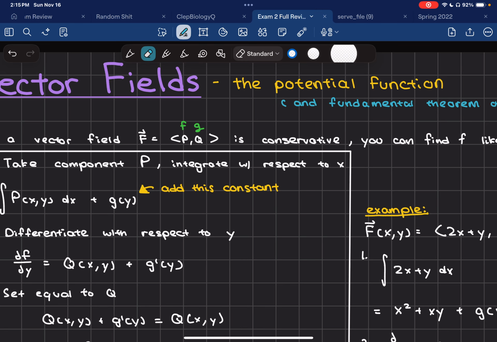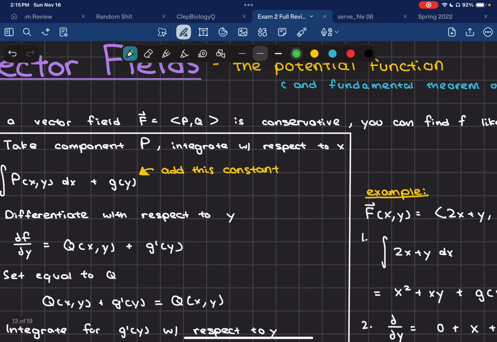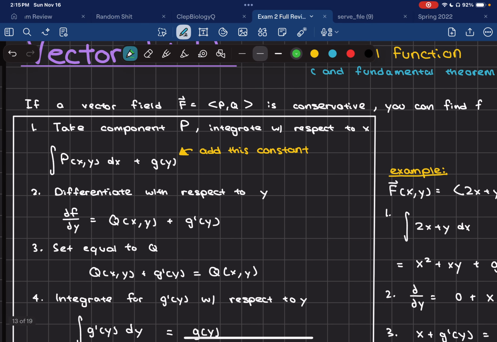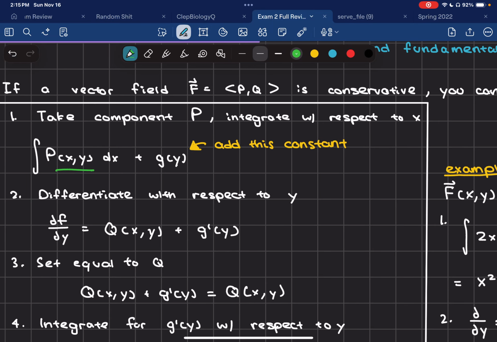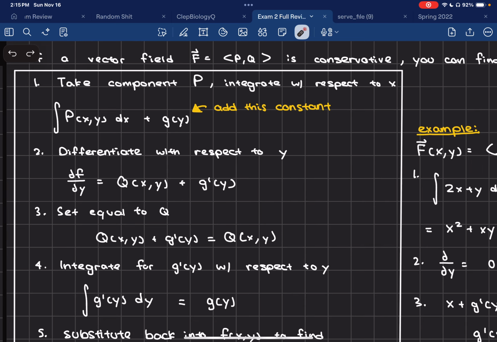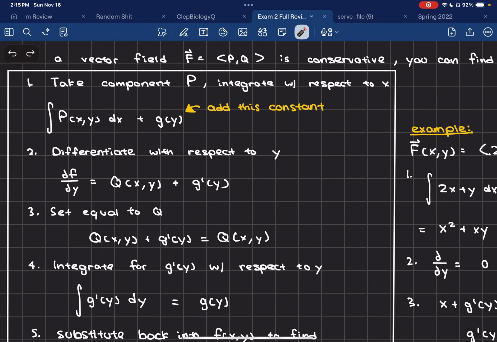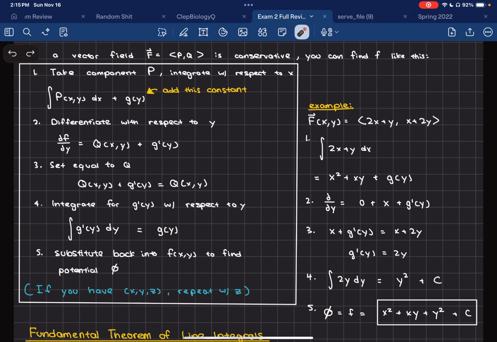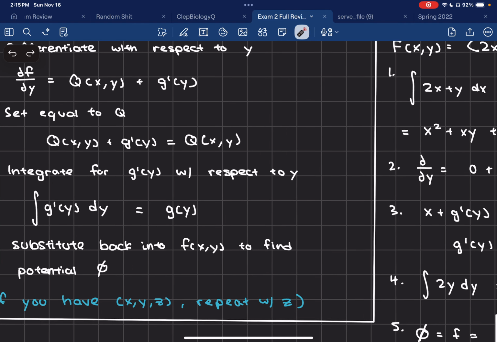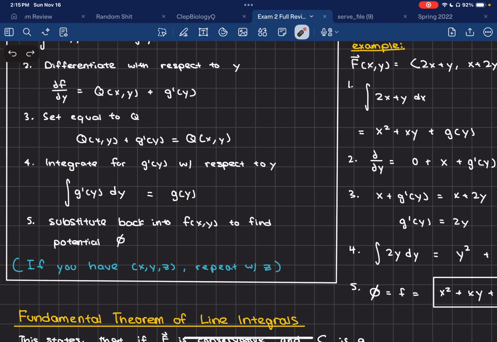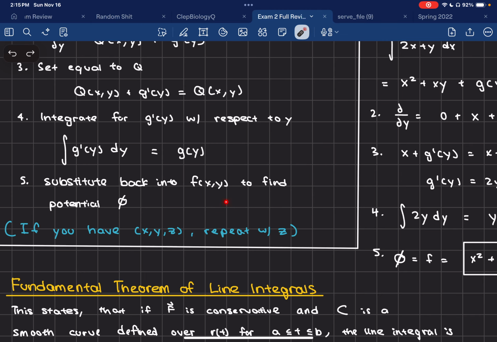Or, since you already have p and q, you take the integral of component p with respect to x, and then you add on a constant. After that, you take the derivative with respect to y, which gets you this. You set all of that equal to your second component, which will be q, then you integrate it to find your g of y plus a constant, and then you substitute it back into your original f of x y function to find the potential.